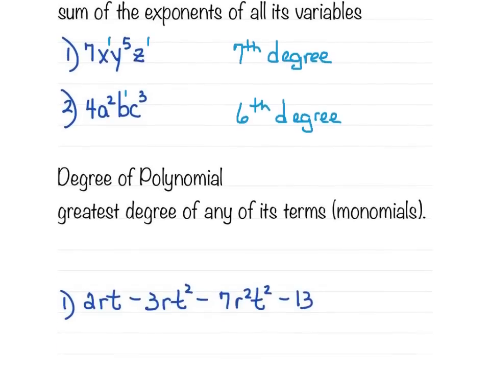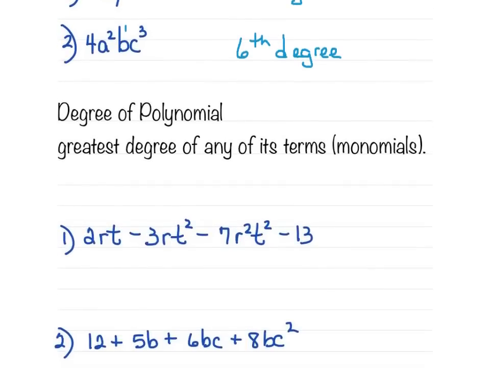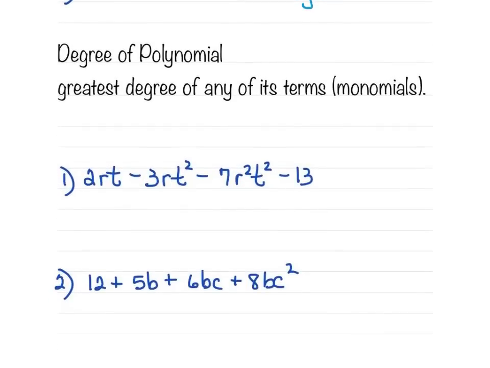Polynomials are also classified by degree. The degree of a polynomial is the greatest degree of any of its terms, or of any of its monomials. So, to find the degree of the polynomial, we have to find the degree of each monomial and find which is the greatest. Let's start with the first term. 2rt is a monomial of the 2nd degree.